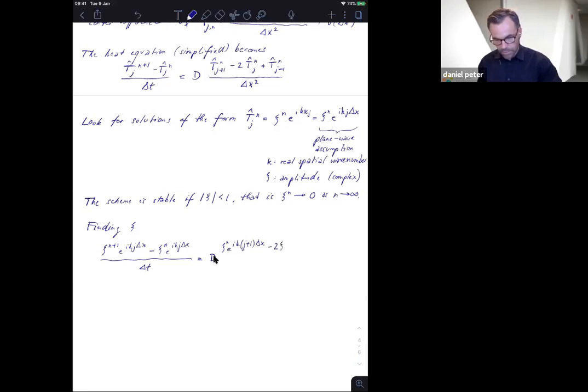Minus 2 times psi^n e^{ikj delta x} plus psi^n e^{ik(j-1) delta x} divided by delta x squared.